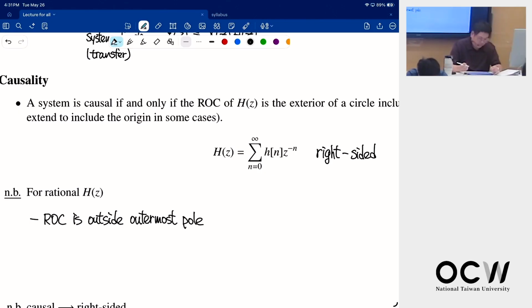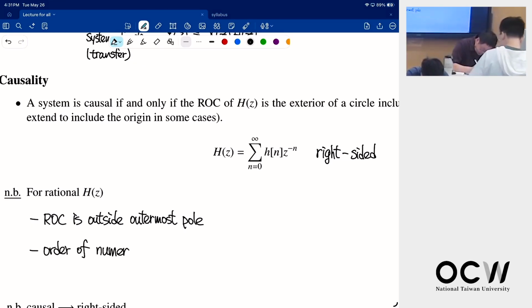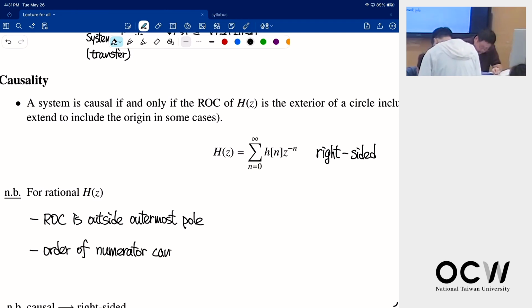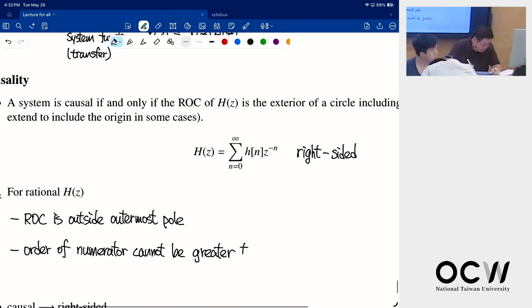Okay, because region of convergence cannot include the poles. And also the order of the numerator cannot be greater than the denominator.